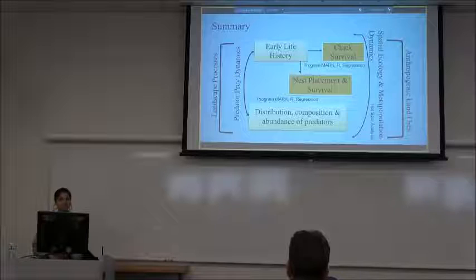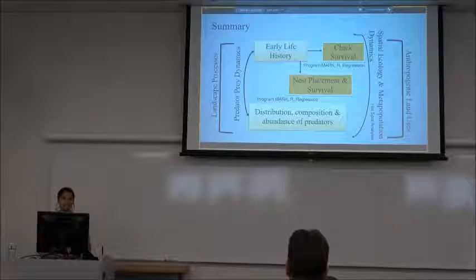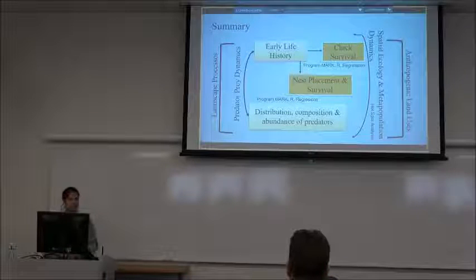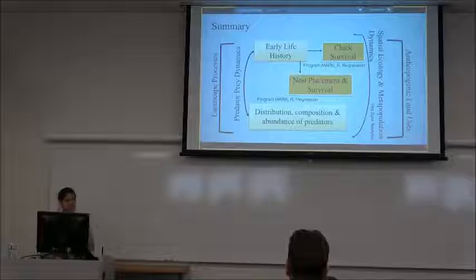Also, through the study, we hope to advance understanding of the spatial ecology and metapopulation dynamics of the species and how that further interacts with landscape structure. And finally, we hope to understand the predator-prey dynamics, how that interacts with landscape composition and configuration, and further impacts the pheasant population in the state.